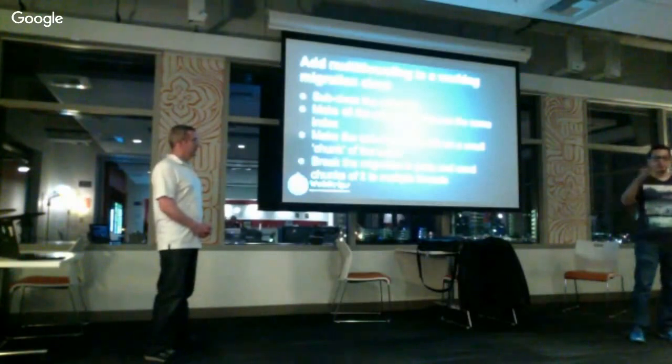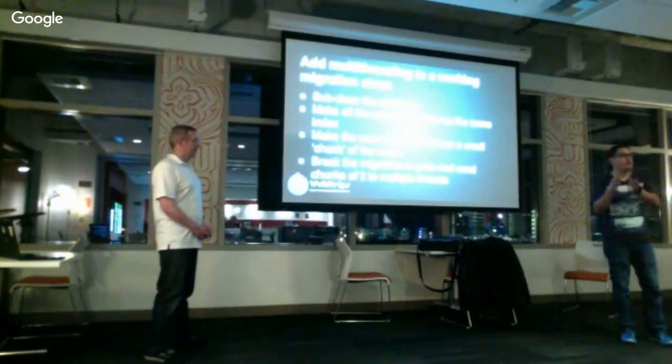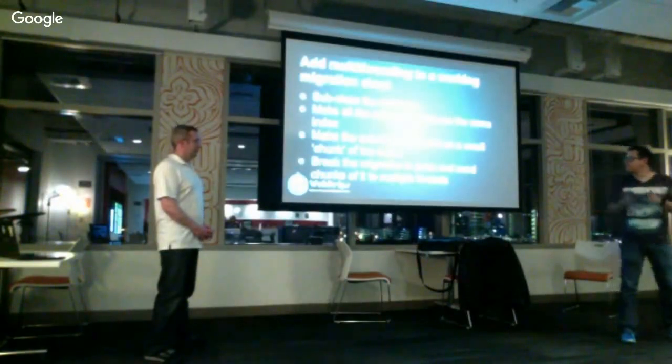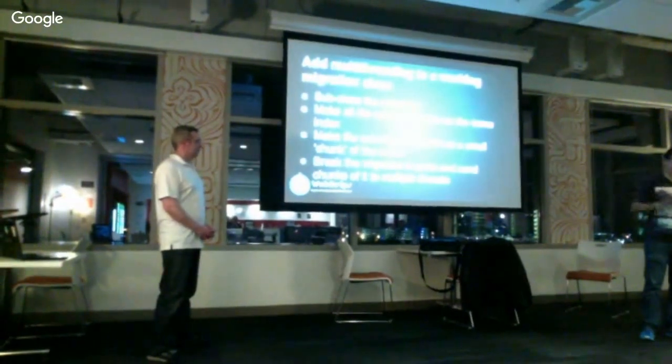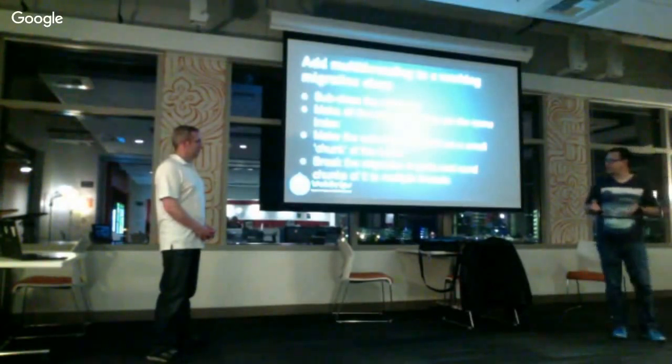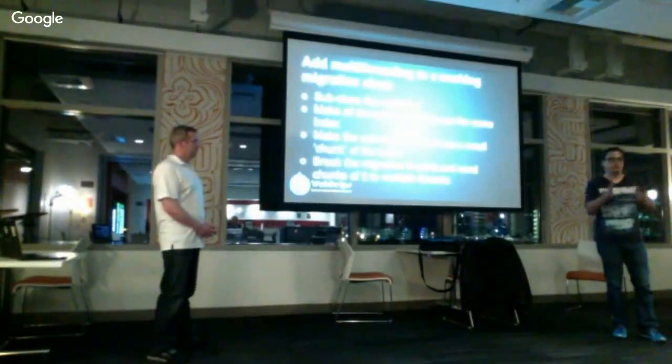Each one of those subclasses of the migration is going to work on only a chunk of the full list that we need to work on. So we also need to add support on this subclass for taking just the information it needs out of the database and working on that.